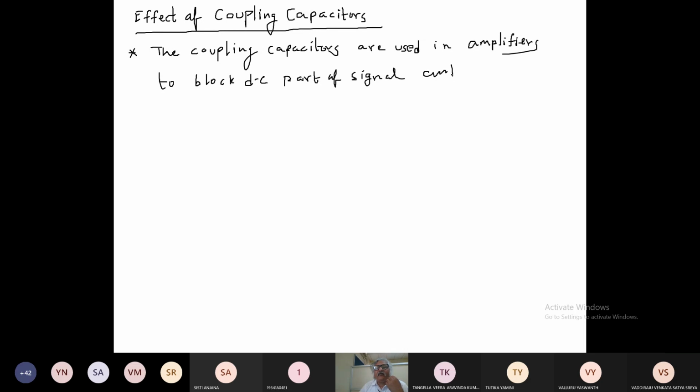And to allow the AC part of the signal. This is the important thing for the use of a coupling capacitor. Allowing the AC part of the signal means passing the AC signal from the input side to the transistor.